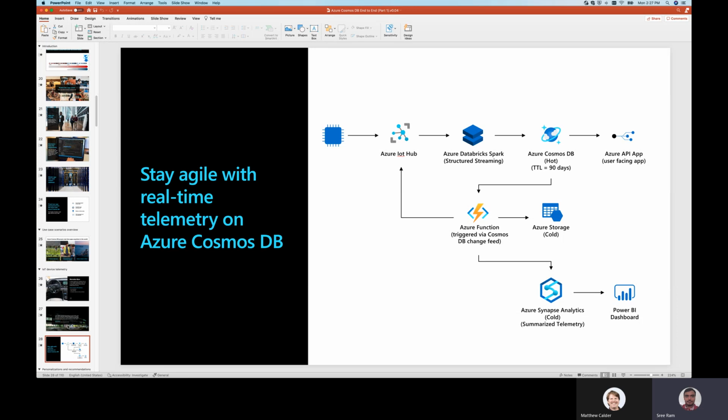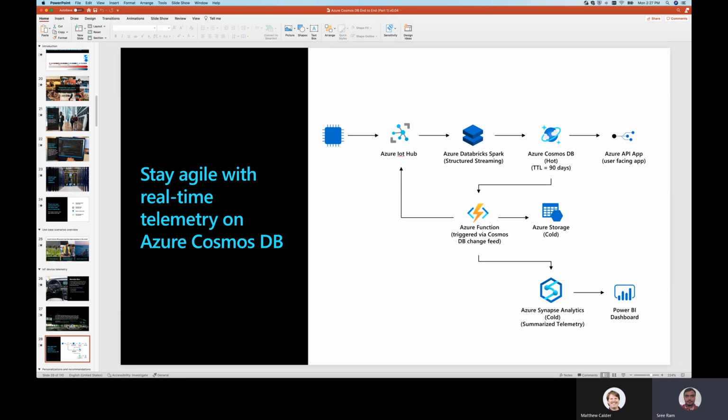In this case, the cloud gateway is Azure IoT Hub, from which a Spark application performs real-time streaming, and the data hence streamed is ingested into Azure Cosmos DB, which in this case is acting as a hot storage. And then from Azure Cosmos DB, we can write Azure functions to move the data to the cold storage later on to perform analytics on top of that.